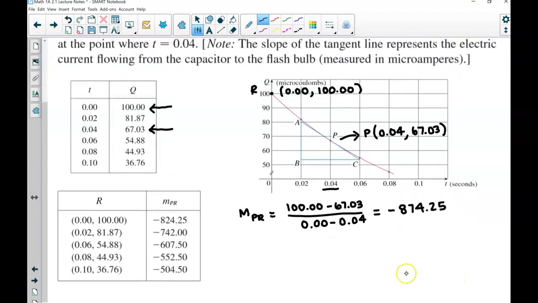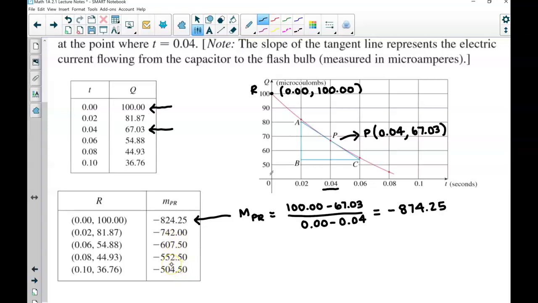Okay, so you can see here that that gives us the slope when we're using the point 0.00, 100.00. Now we can continue to do that to find the slopes like we did in the previous example by using these other points to determine what is the slope for each one.